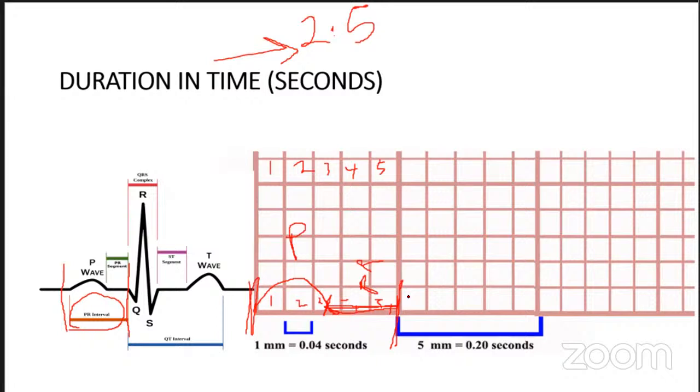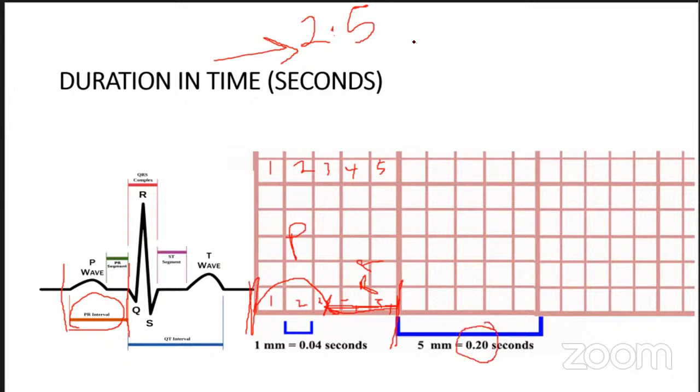So my P wave, 2.5 small boxes. My PR segment, 2.5 small boxes. If I add up the two, that's my PR interval. That's 2.5 plus 2.5. And that should give me 5 small boxes. Again, the NCLEX can tell you, the patient came in with a PR interval of 1.20. That tells me it's prolonged. It shouldn't be more than 0.04 times 5. It shouldn't be more than 0.20 seconds.